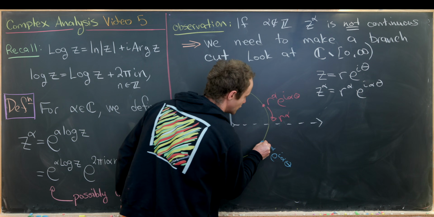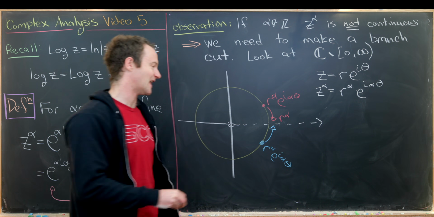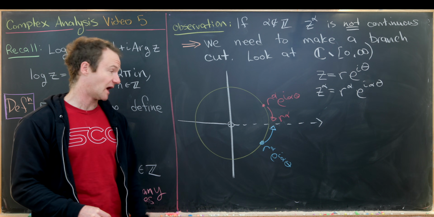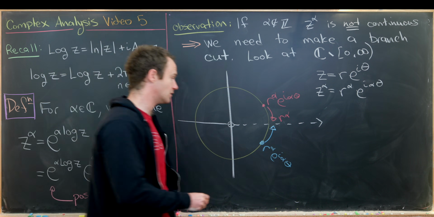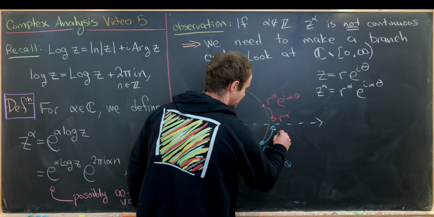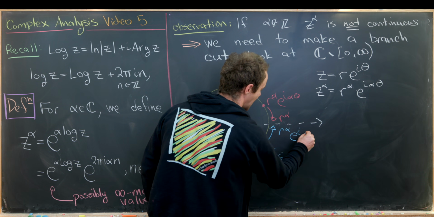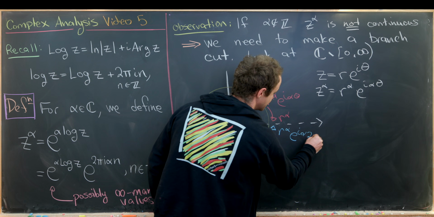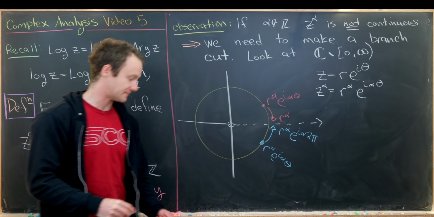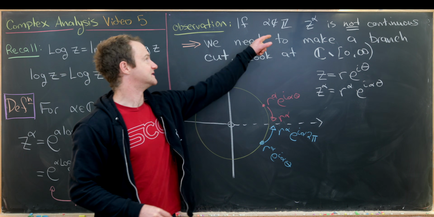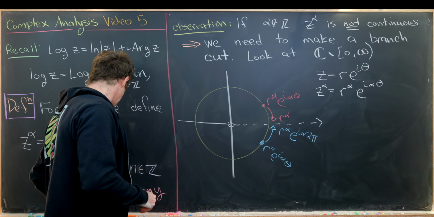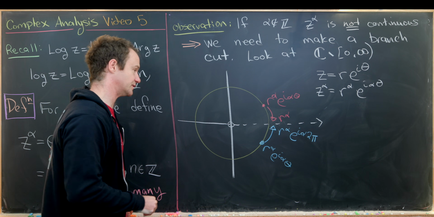But if I approach from this direction, my theta is approaching 2 pi instead of 0, which means this is approaching something that looks like r to the alpha, e to the I, alpha times 2 pi. But if alpha is not an integer, then these are not equal to each other.